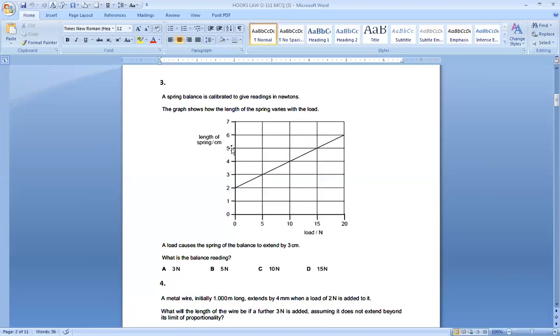At 5 centimeter length, look at the load, that is 15 Newton. So the 15 Newton load causes the extension of 3 centimeter. Before that, the first 2 centimeters was the actual length of the spring.